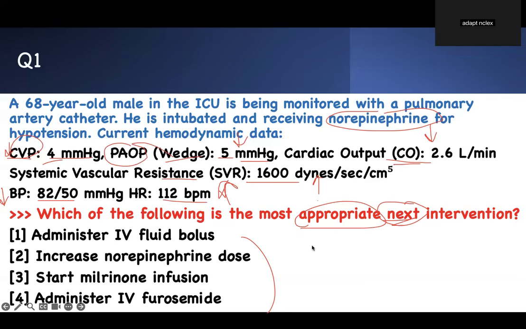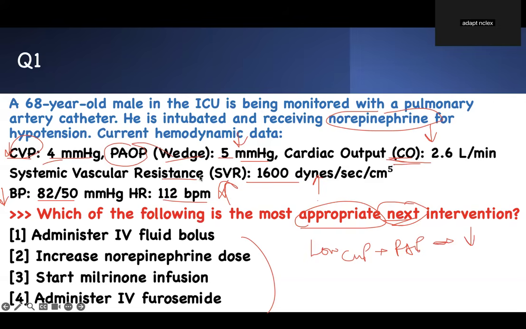And let me give you the strategy. Low CVP plus your wedge pressure, PAOP. If you see that, it means there's low preload and low perfusion. So this is hypovolemia. So that's why his blood pressure is low. It's hypovolemic. His cardiac output is also low.